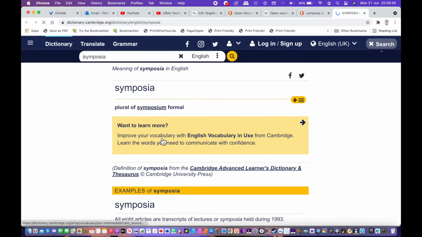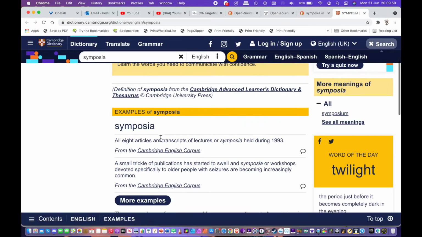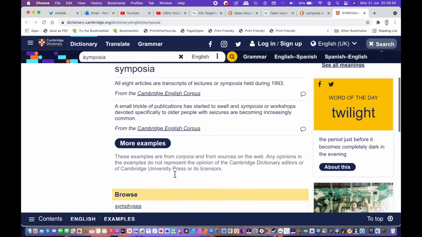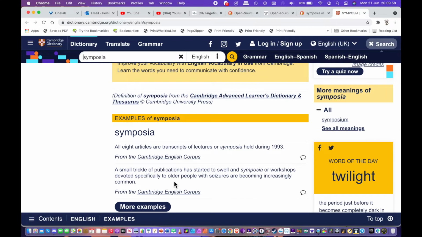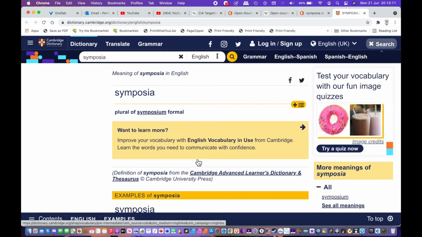Okay, Cambridge. A small trickle of publications has started to swell and symposia. That doesn't really tell you what that is. Okay.